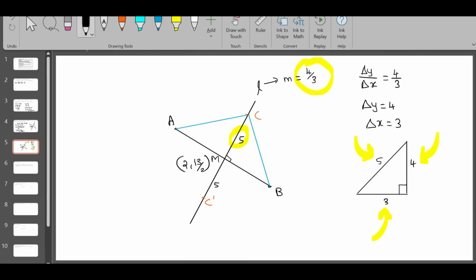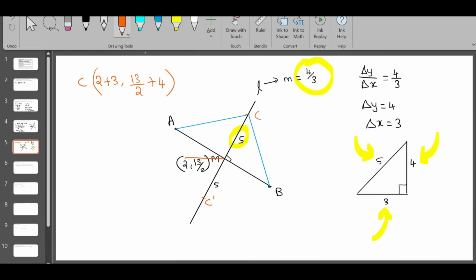So basically from point M, you need to go right 3 units. So you're going to add 3 to the x coordinate, 2 plus 3. And then you go upwards from 13 over 2 to get to the point C. So it's 13 over 2 plus 4 units. That will give you the coordinate C. And then there is another possible scenario.